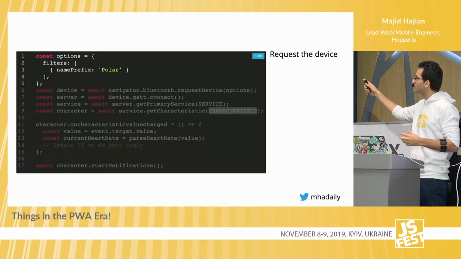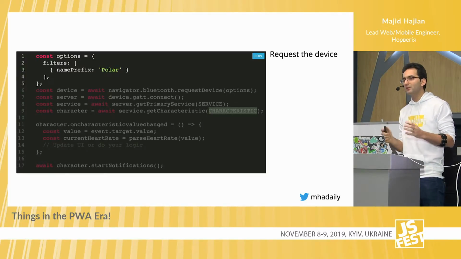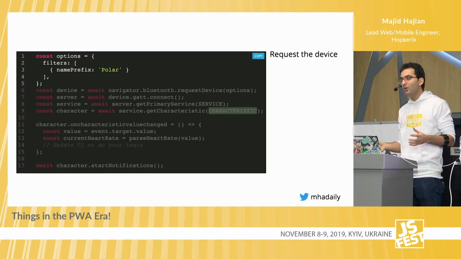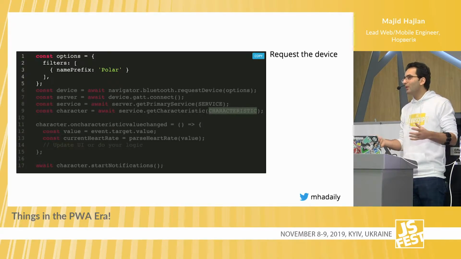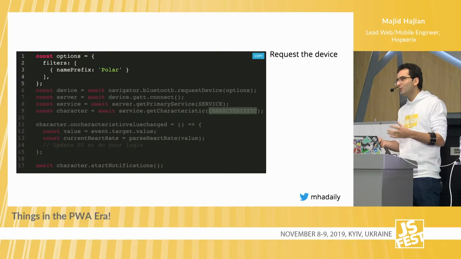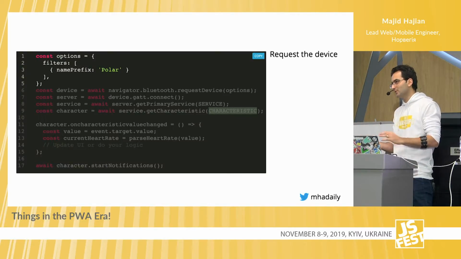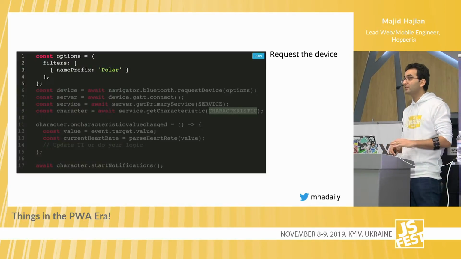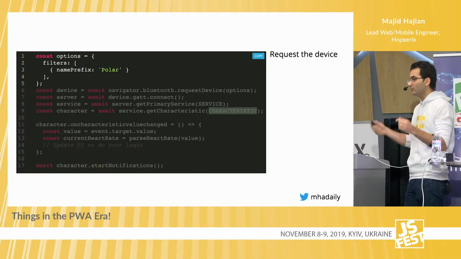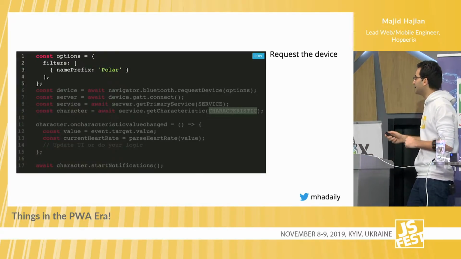I filter all the devices around me, because I can request all the Bluetooth devices, but it's useless because there are a lot of Bluetooth devices around me. I don't want to show all the devices to my user, right? So it's better to filter them down to only the one that we want the user to see.